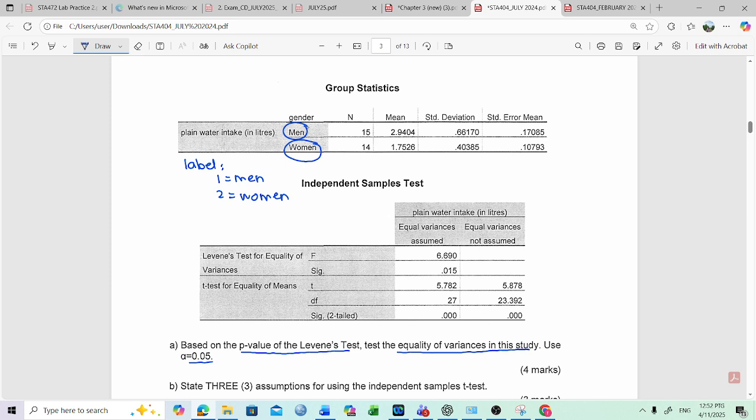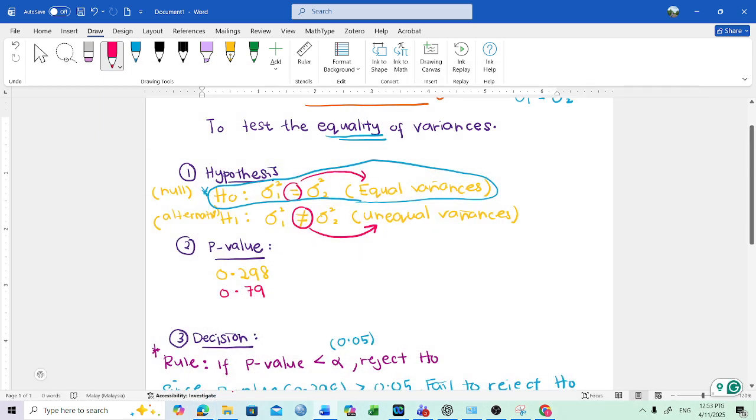Or if you do not want to use one and two, you can use M for men, W for women. This is also okay. I will know that M is for the men, W is for the women, as long as you write the label.